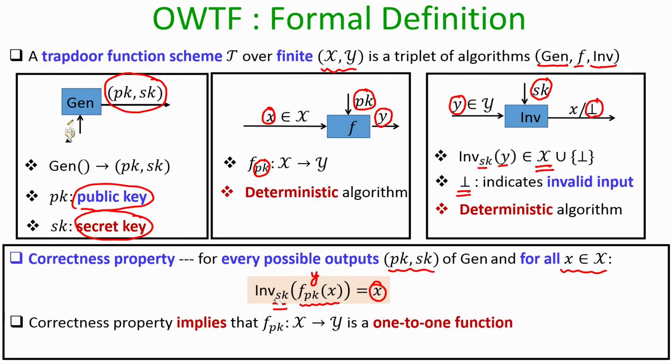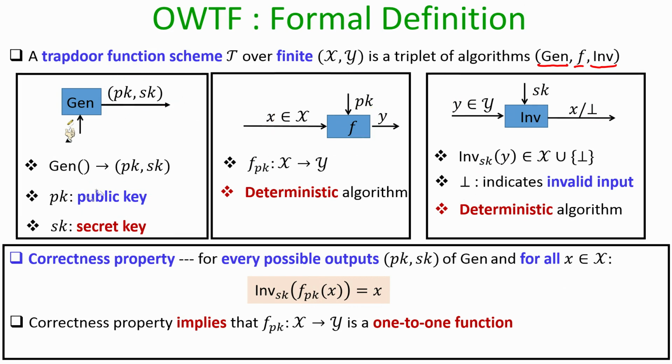Now, notice that as soon as we state this correctness requirement, it automatically means that your function little f, which is there as part of your trapdoor function scheme, has to be a 1-to-1 function.